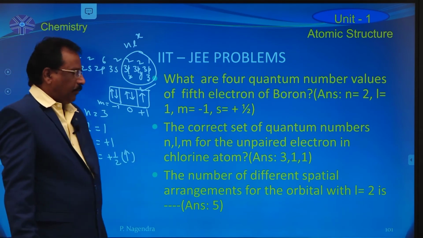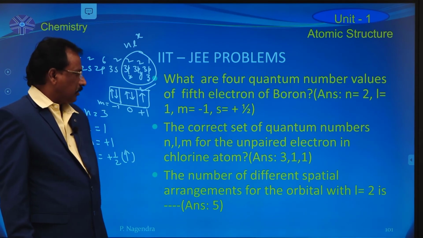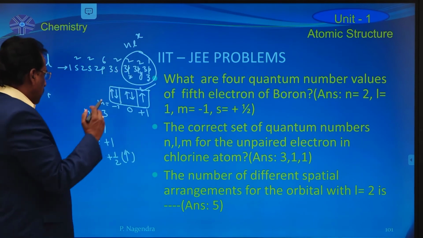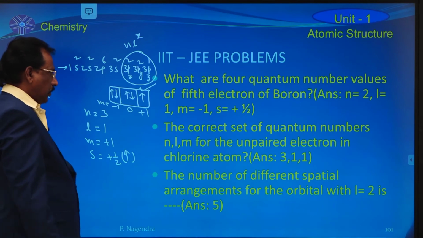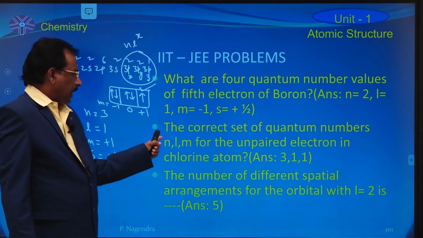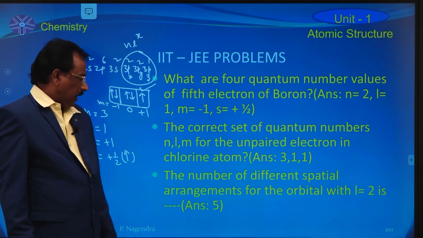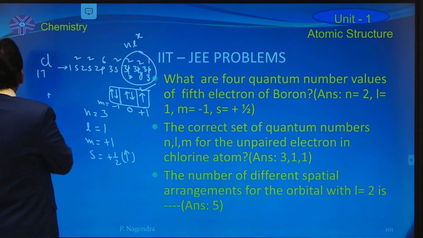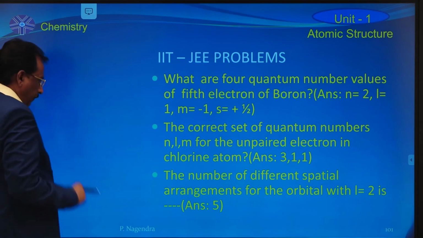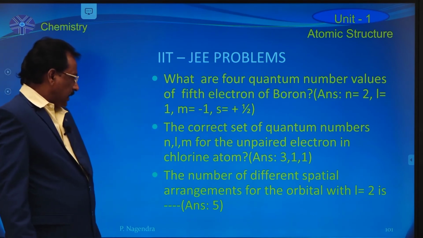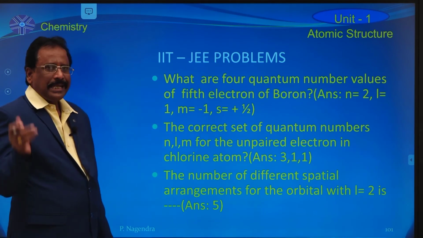So if you want to write the 4 quantum number values for the unpaired electron in the chlorine atom, the answer is 3, 1, +1 and +1/2. So for the n, l, m values for the unpaired electron in chlorine, the answer is 3, 1, 1. And then the other one is the number of different spatial arrangements for the orbital with l equal to 2.